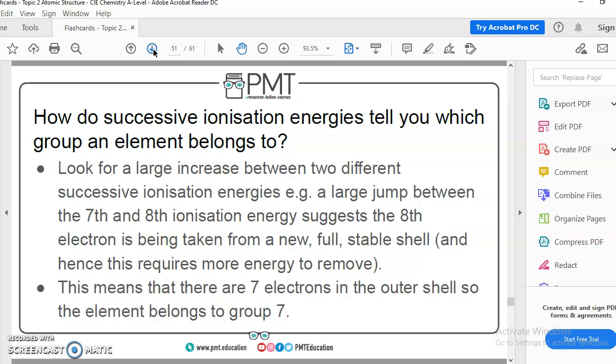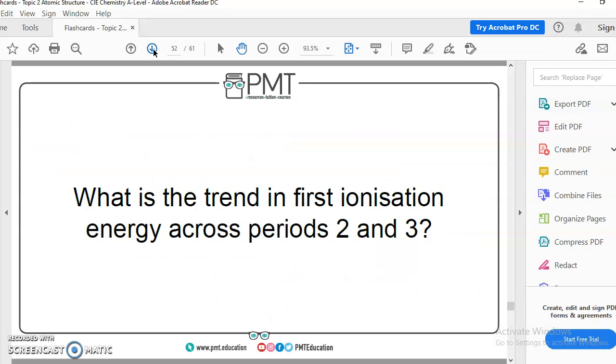If you look for a large increase between two successive ionization energies, a large jump will be between the 7th and 8th ionization energies if there are 7 electrons in the valence shell, because the outermost electrons actually tell the group number, and accordingly you may determine the number of shells and subshells available.